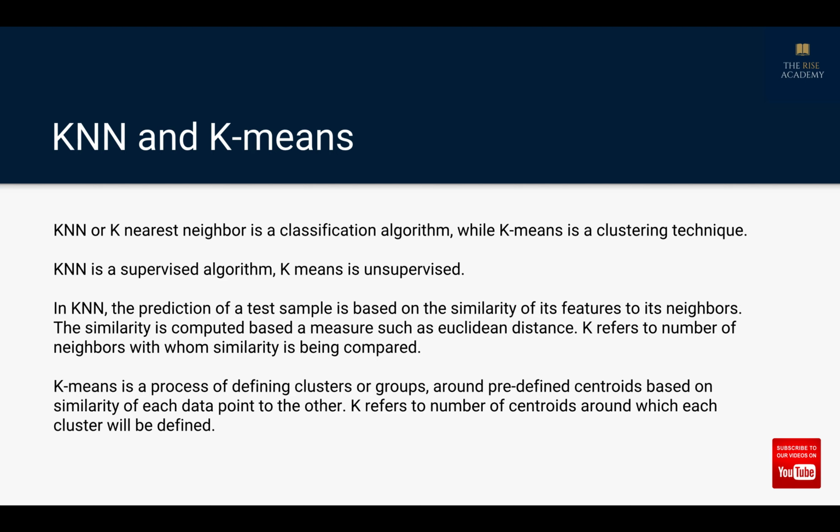So make sure to revise all the different machine learning algorithms, especially comparing them with each other, knowing which one is supervised, which one is unsupervised, which one is classification, which one is clustering, and be able to give a small explanation of what each algorithm does.